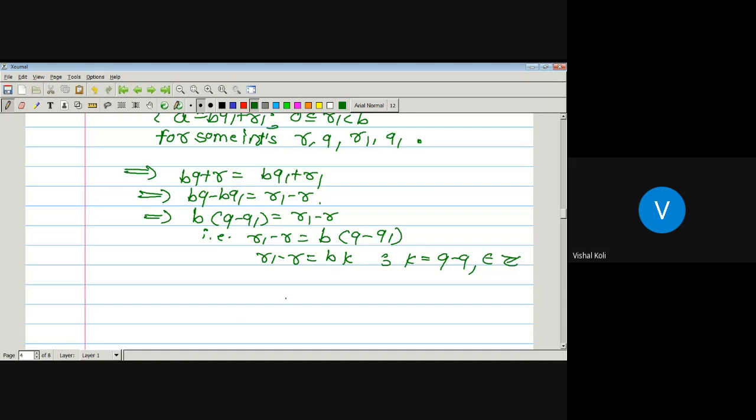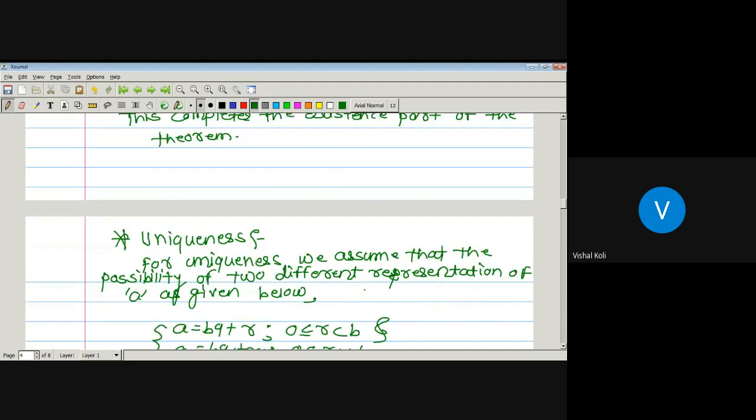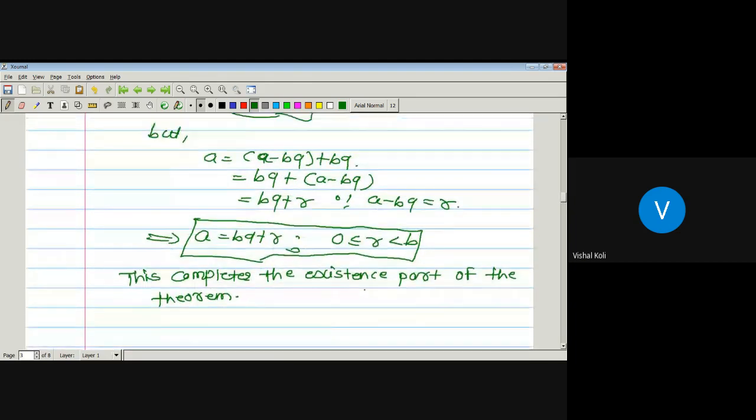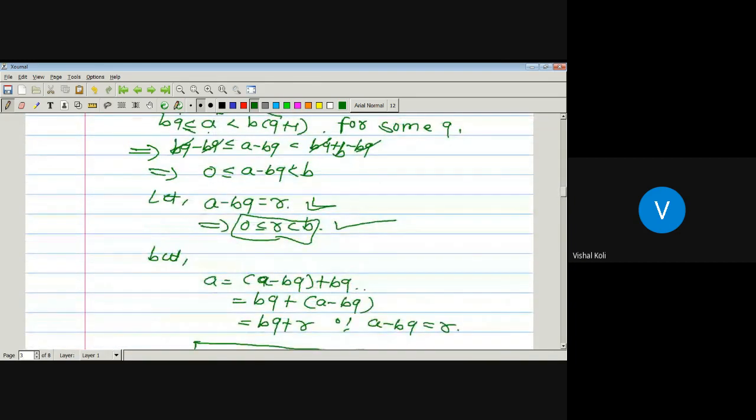As it is K times a multiple of B, by the definition of divisibility, B must divide R1 minus R. But R1 and R are any two non-negative integers. Since we already know that B is greater than 0, it is always positive, and the range of R is 0 less than or equal to R, which is strictly less than B. It means R is always greater than or equal to 0; either it is equal to 0 or strictly greater than 0.